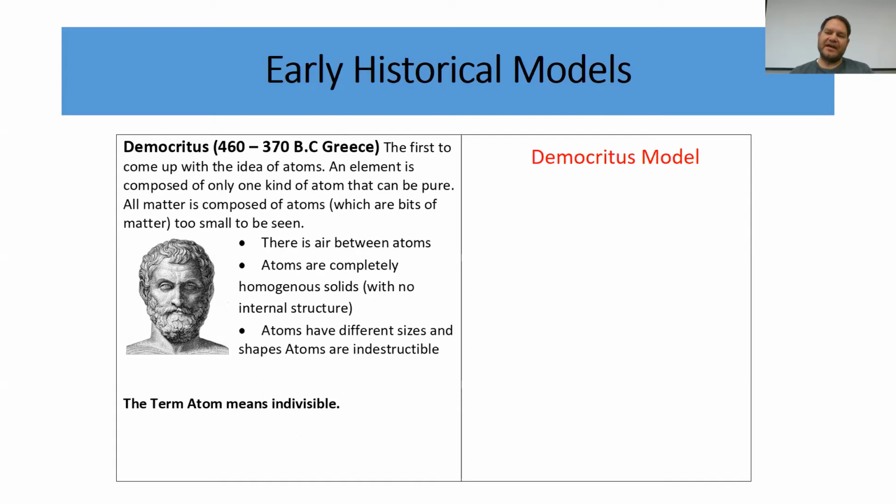Democritus viewed that atoms were infinite, that there was in the universe an endless number of atoms, and that these atoms came in different shapes and different sizes, but in some way they could connect to one another to form more complex pieces of matter.